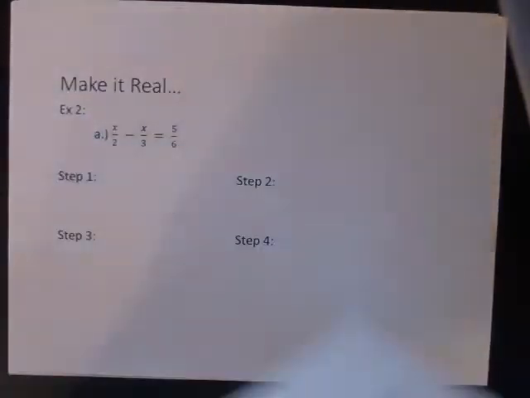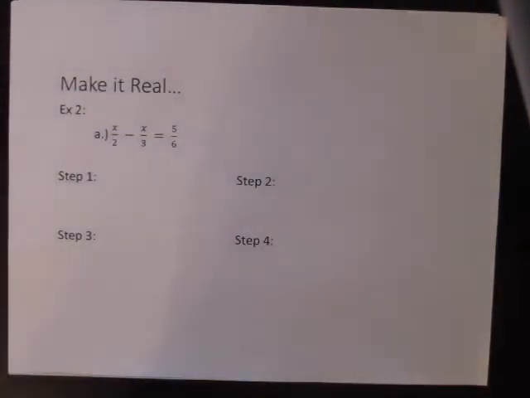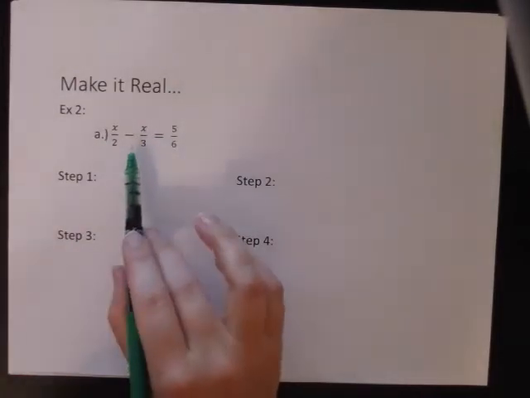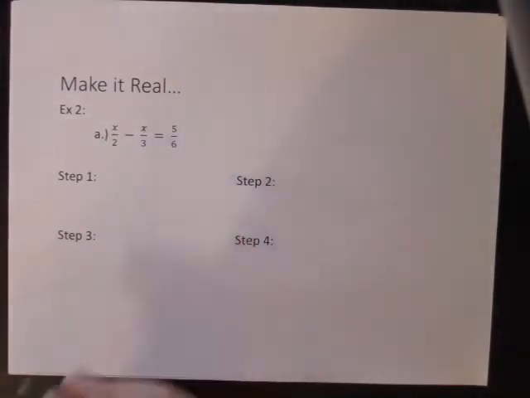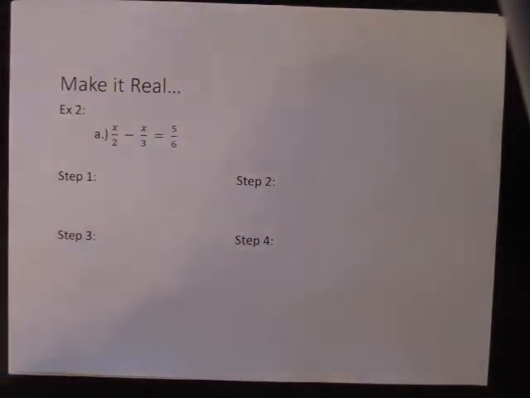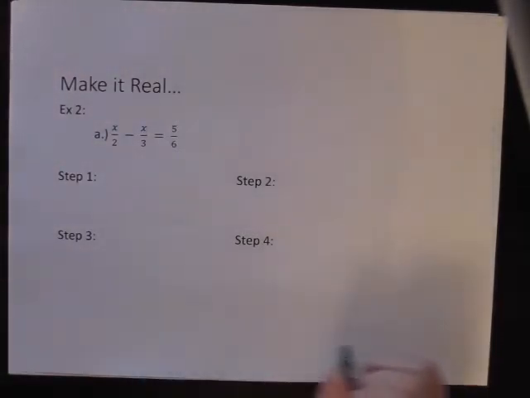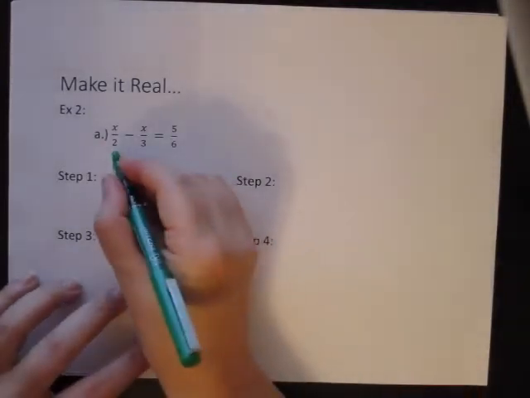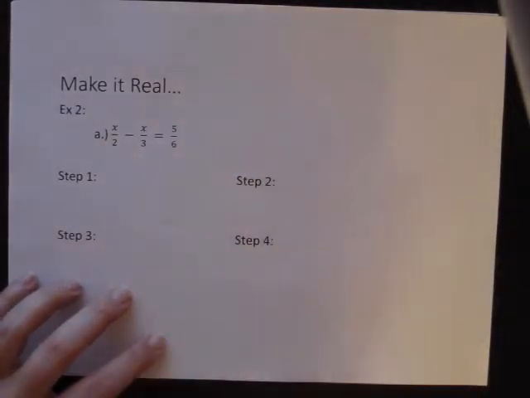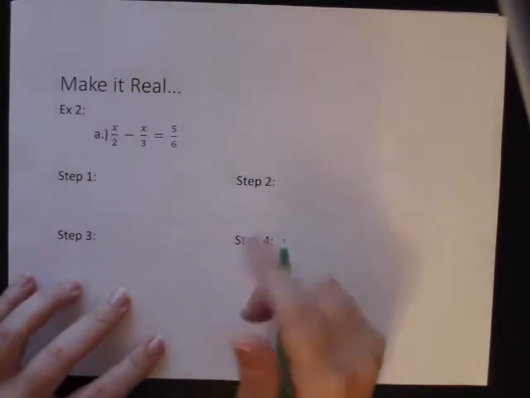Alright, so let's make it real. So we've got x over 2 minus x over 3 equals 5 over 6. The first thing I notice is that I have an equation, so I have to solve it. What we have to do first in step 1 is determine when the rational expression is undefined. So we look at our denominators, because we don't want a 0 in the denominator.